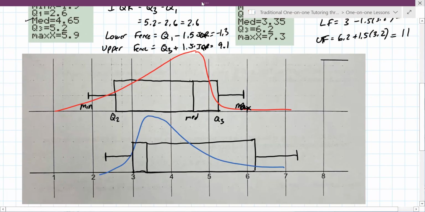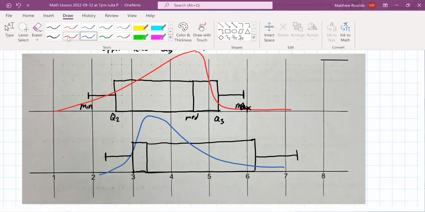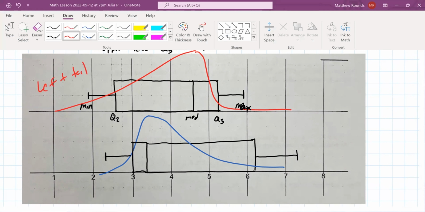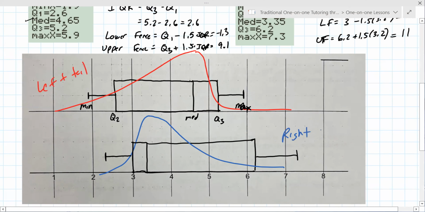So the one on the top is called left tail, and the one on the bottom is called right tail. It's really meant to mimic, if you think of an animal, a cat, probably the best example, their tails sort of flowing down into the right.